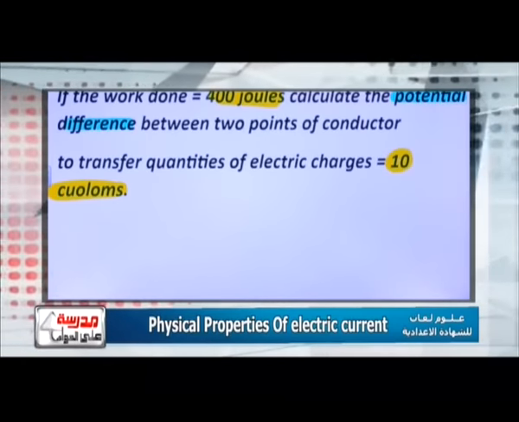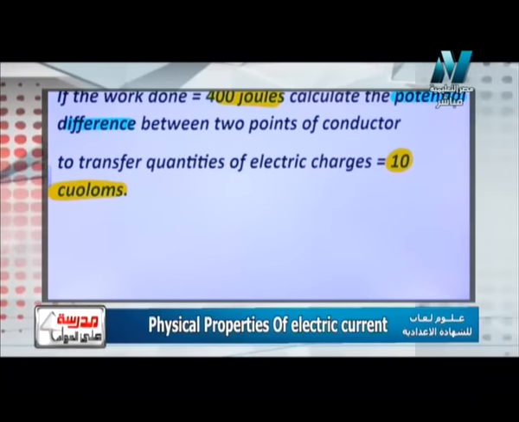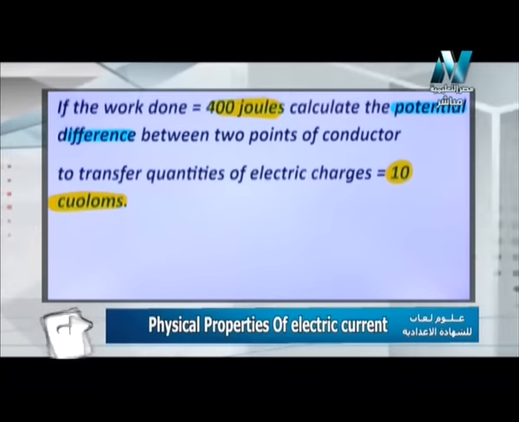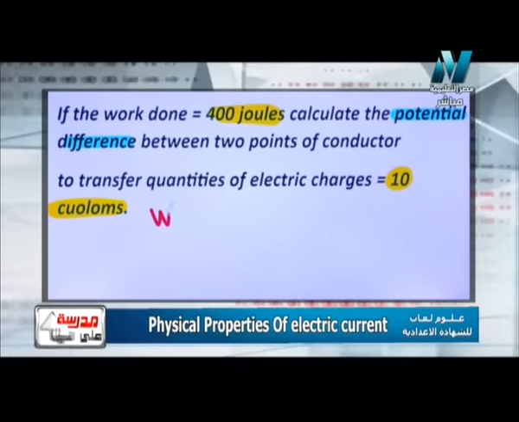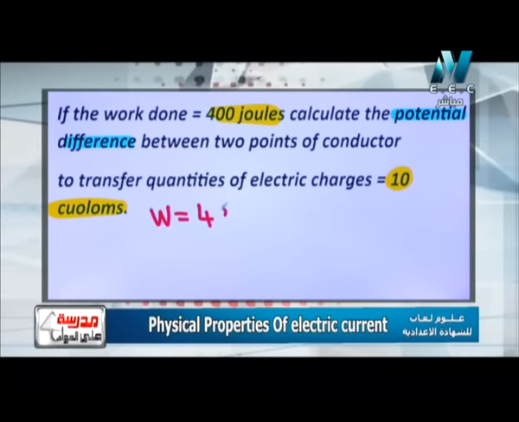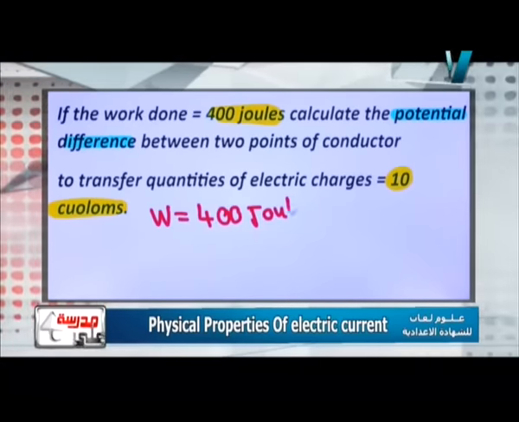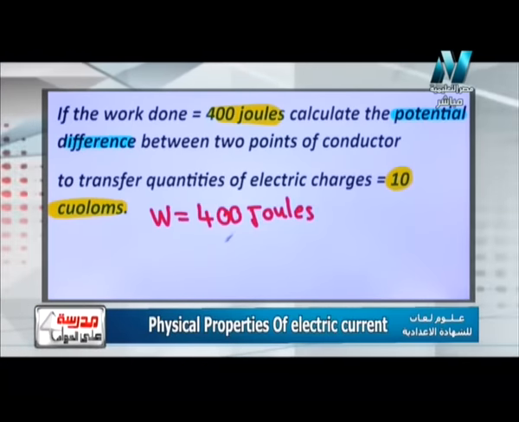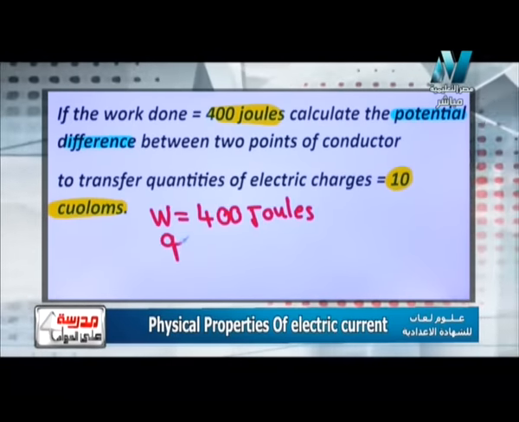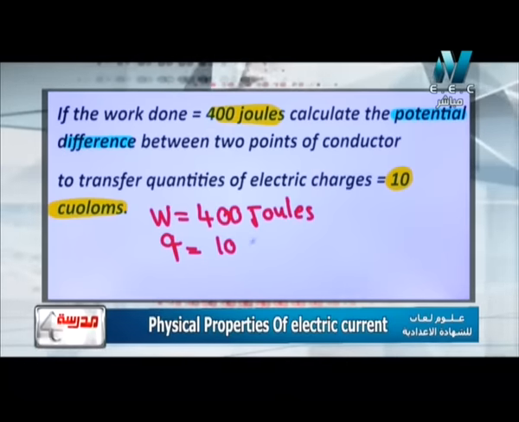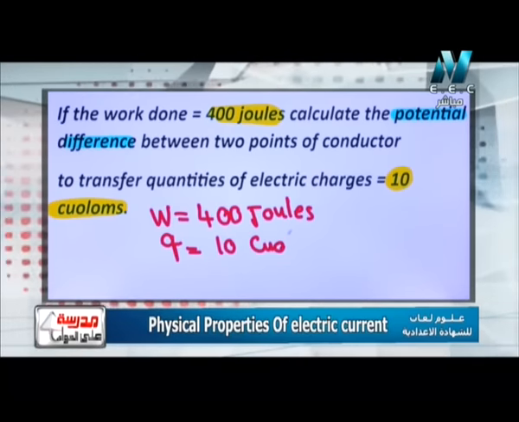So we have what? We have the magic triangle. We have the givens here. First: W equals 400 joules. Okay, Q equals 10 coulombs.